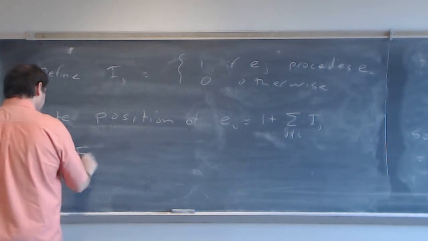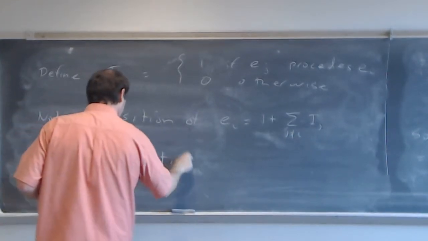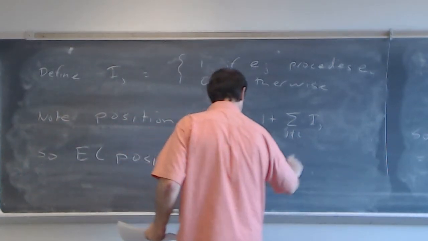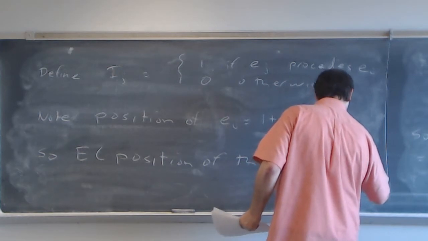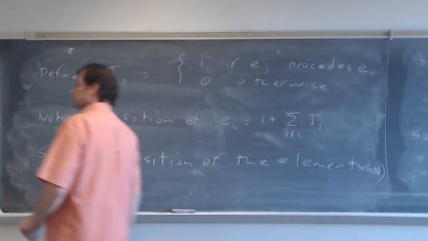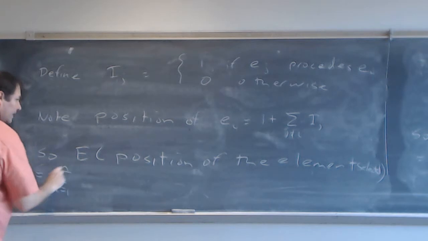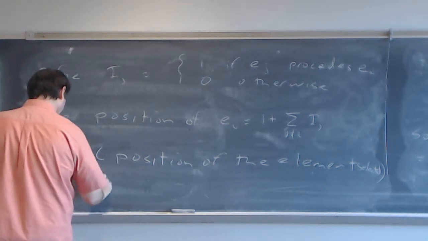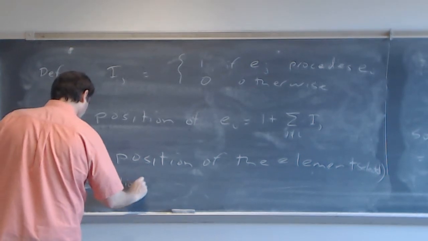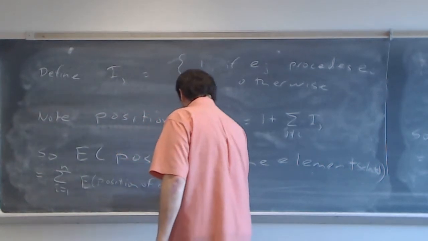So then we want to know the expected value of the position of the element selected, that's our original problem. Well, that's equal to a sum as i runs from 1 to n of the expected value of the position of E_i times P_i.